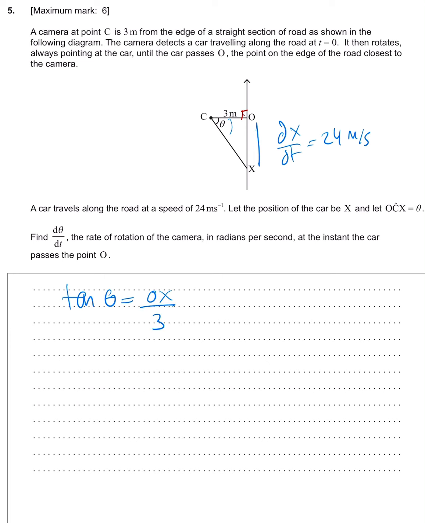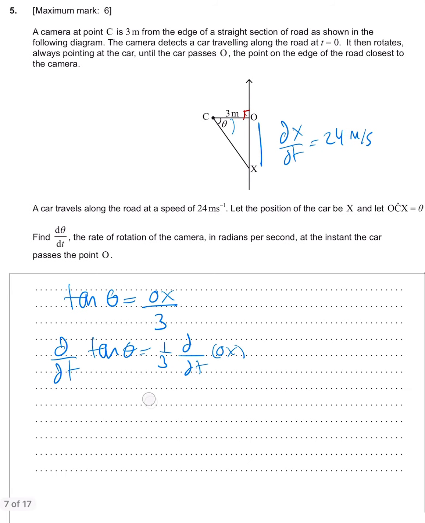If I derive this with respect to t, d/dt of tangent of theta is equal to 1/3 d/dt of OX. And we were calling this right here the distance of x with respect to time. That's already dx/dt.